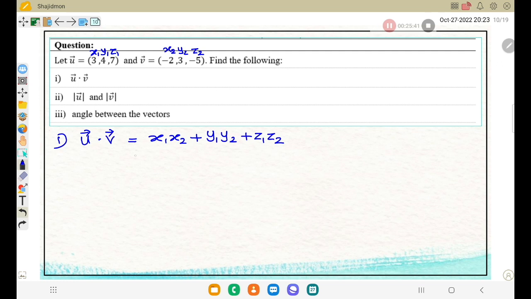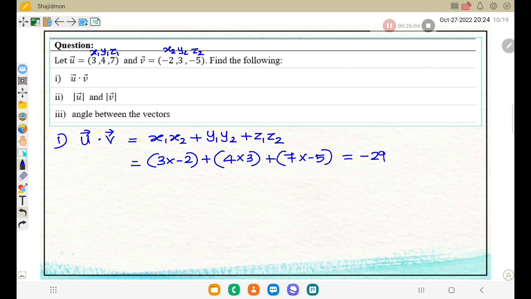So how can we find the dot product? x1 x2 is 3 multiply minus 2, plus y1 y2 means 4 multiply 3, plus z1 z2 means 7 multiply minus 5. When we calculate this, you will get minus 29.